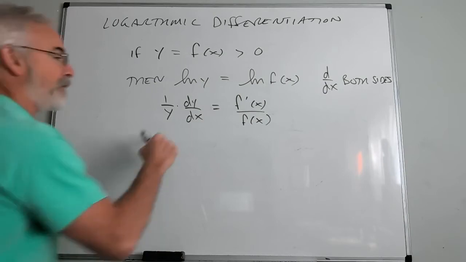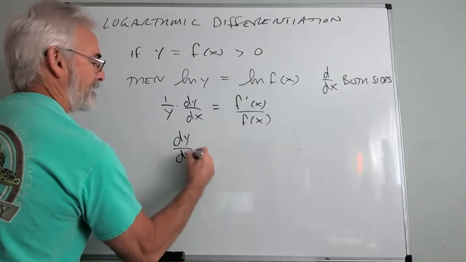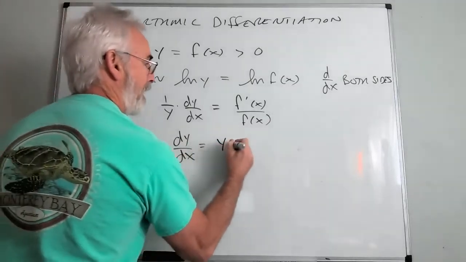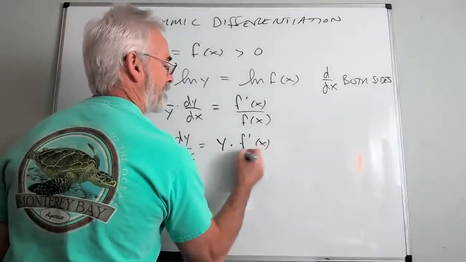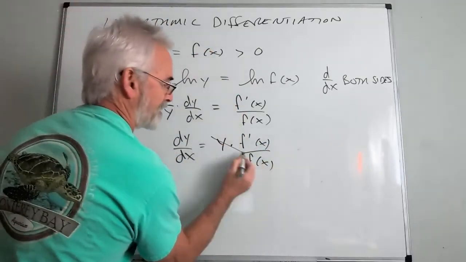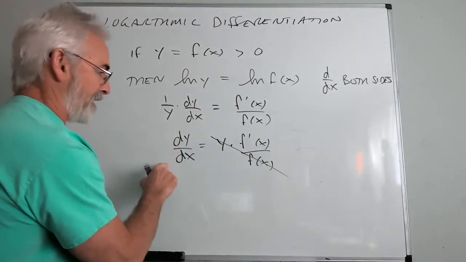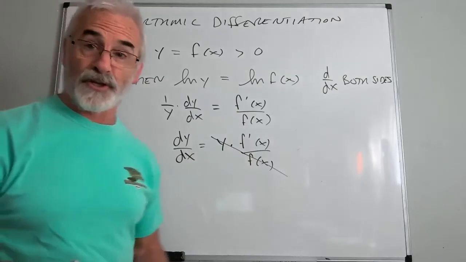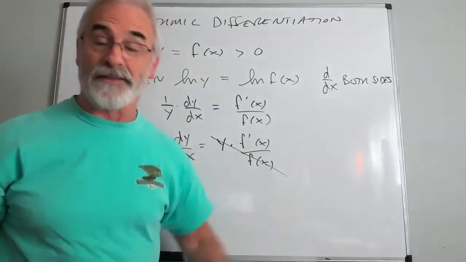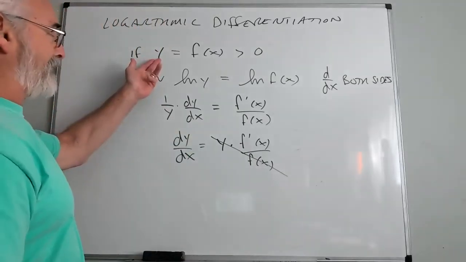Okay, if I multiply both sides by y, now I've got dy dx equals y times f prime of x over f of x. But since y equals f of x, those cancel, and I have dy dx equals f prime of x, which, by the way, is a good result because it means that everything I did was valid. But wouldn't it have been a whole lot easier just to start by saying dy dx is f prime?